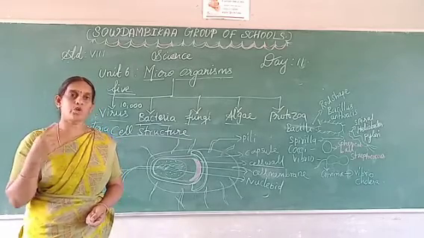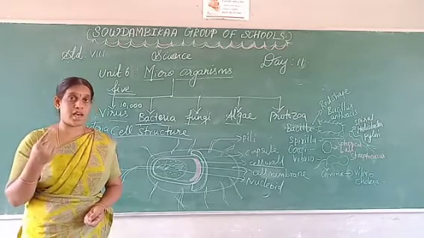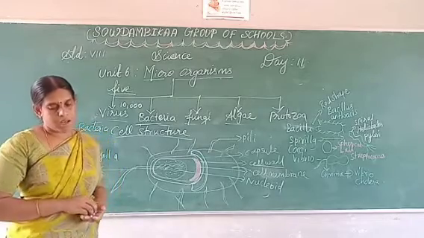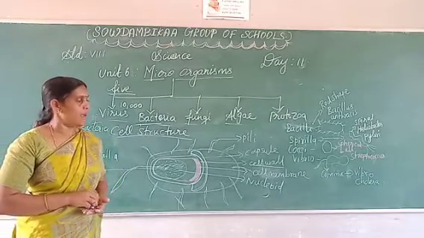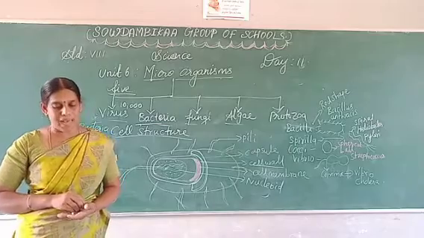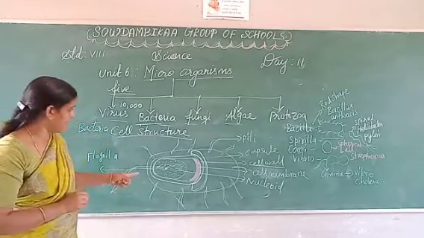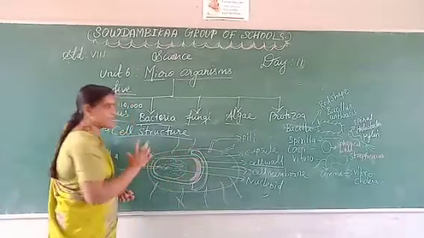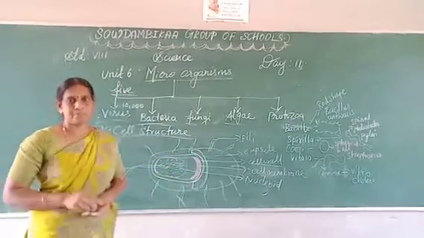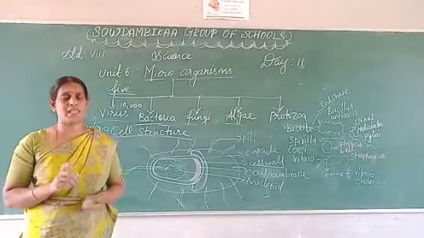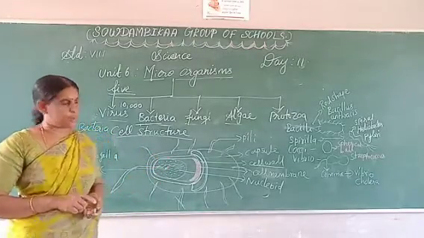Prokaryotic means the nucleus does not have a nuclear membrane. An extra chromosomal DNA called plasmid is present in the cytoplasm. In this cytoplasm, the DNA, that is the plasmid, is present.